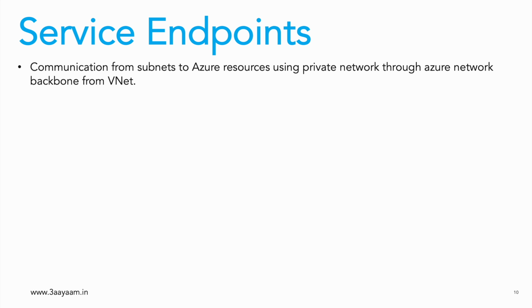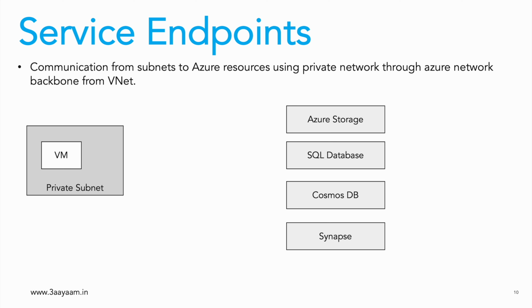The first option is Service Endpoint, which is used to communicate from subnets to Azure resources using a private network through the Azure network backbone from the virtual network. What it does is that, let's say you have this private subnet and a virtual machine, and these are the services like Azure Storage, Azure SQL Database, Azure Synapse, Cosmos DB, etc. And we want to communicate from this virtual machine, which is sitting inside of a private subnet in a virtual network.